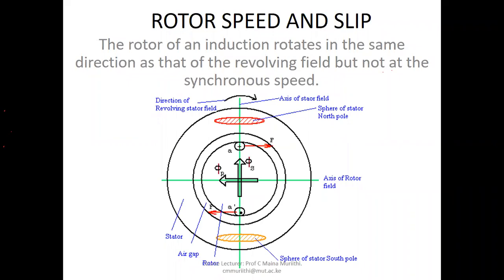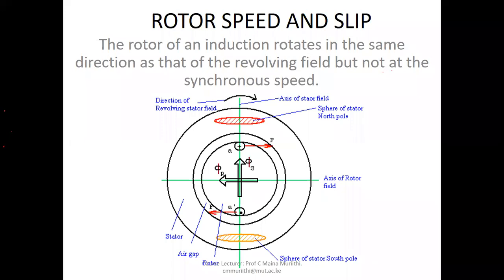So once this revolving magnetic field cuts the stationary rotor conductors, an EMF is induced in that particular conductor. And since that conductor is under a revolving field, it experiences a force known as the Lorentz force, which will cause the rotor to move in the same direction as the revolving magnetic field.